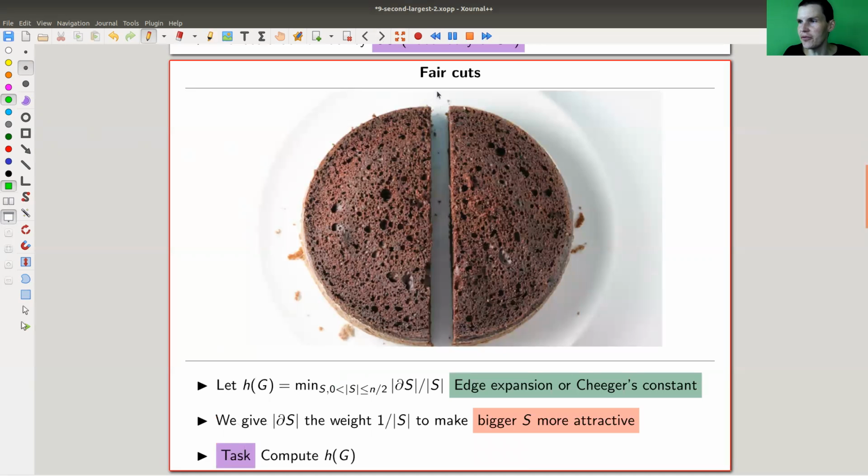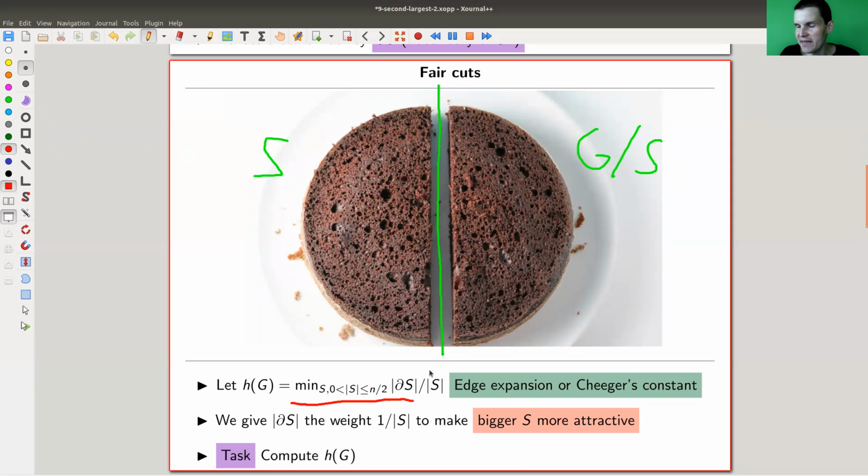As I said, I want to cut my cake, the graph of course, into S and G without S, and count the number of cuts that I need. I would like to minimize those, but it turns out this is not quite what I need to do.